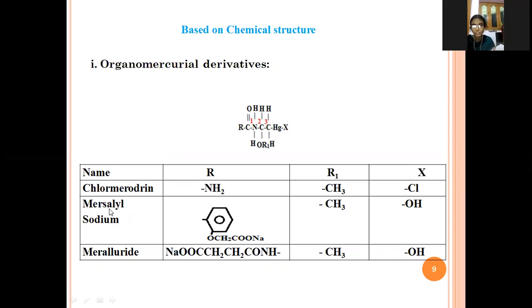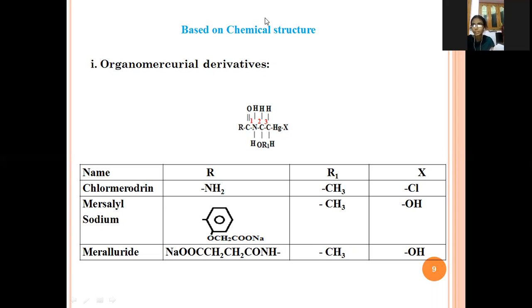So next drug is mersalyl sodium. If you see, in R position, the sodium carboxymethoxyphenyl is attached. See here, sodium carboxy, COO is a carboxy, and here this is the methoxy, and phenyl is attached at the R position, and in the R1 position the methyl group is attached, and X position hydroxyl group is attached.